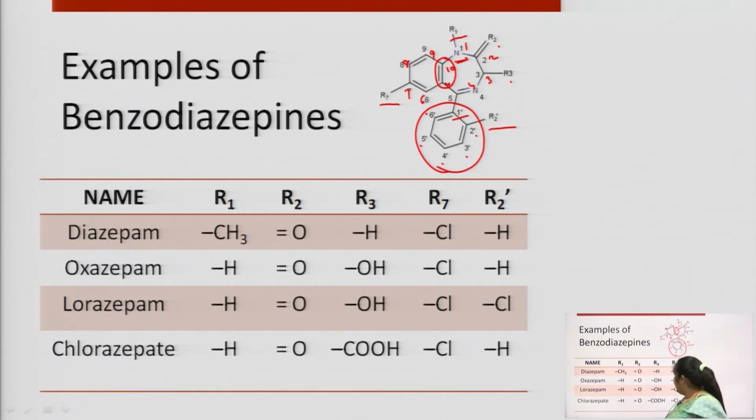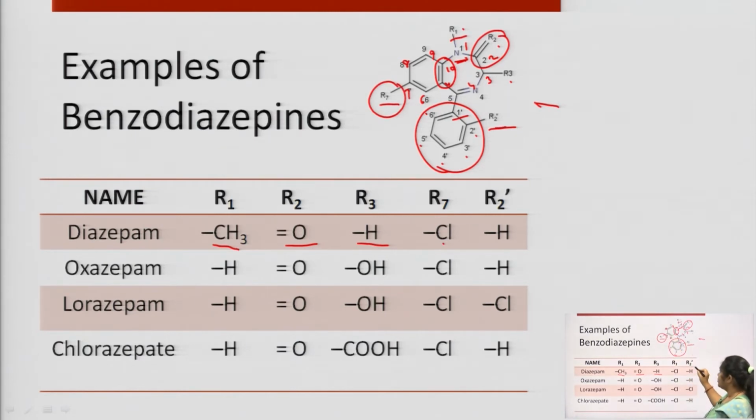In the case of diazepam, this nitrogen is substituted with a methyl, CH3. Here is a carbonyl group, R3. Here no substitution is attached, simple hydrogen. Then at the 7 position there is a chlorine group, and at the 2 dash position there is also no substitution.